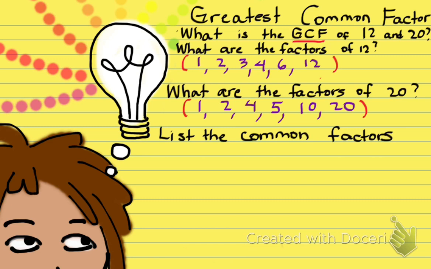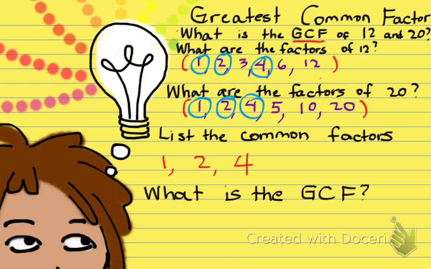We have 1, 2, and 4. Now, what is the GCF?